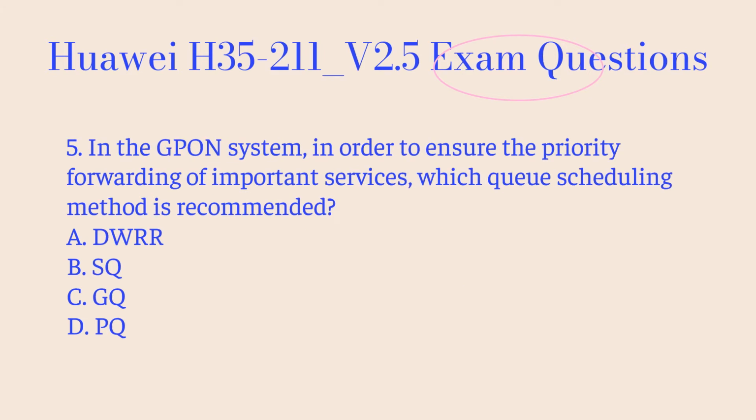In the GPON system, in order to ensure the priority forwarding of important services, which queue scheduling method is recommended? A. DWRR, B. SQ, C. GQ, D. PQ.